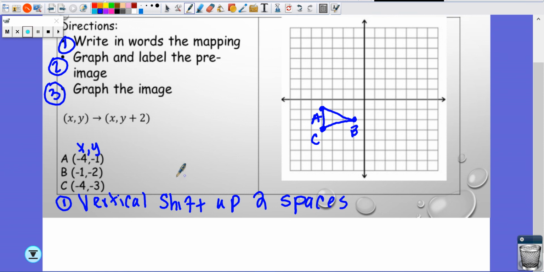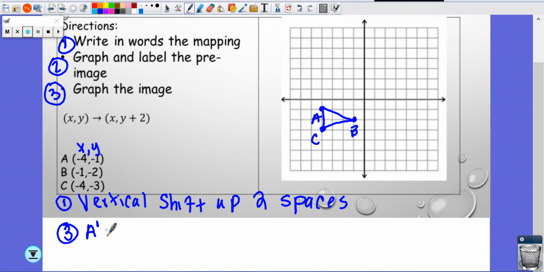Now I'm going to go and graph the image. I got to do a little work to get the image though. So my A prime wants me to keep the X the same and add 2 to the Y value.